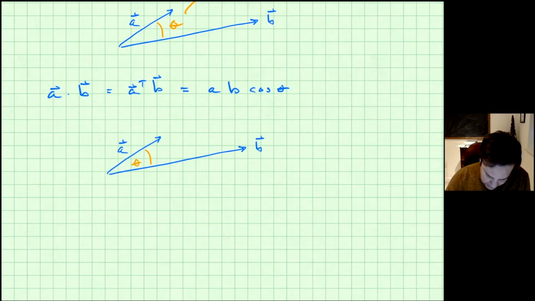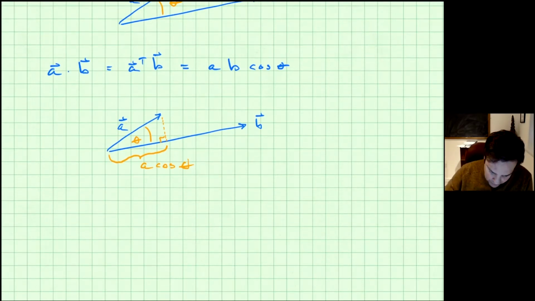A times cosine theta, if you make a right triangle like this, this distance here is a times cosine theta, where a is the magnitude of the vector a. So that's a times cosine theta, that length there.